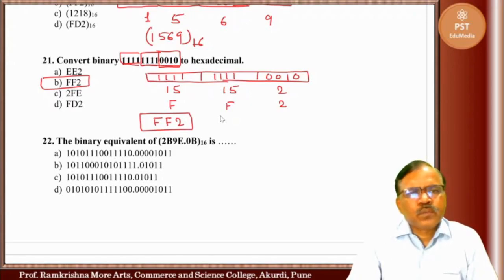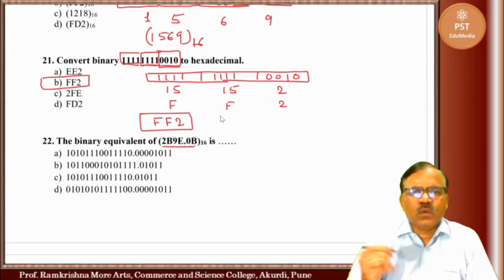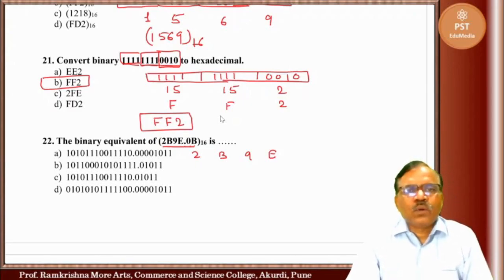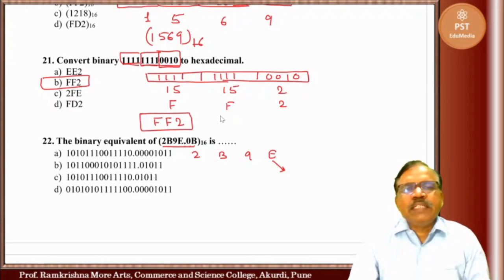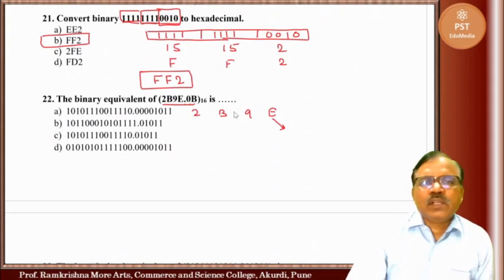Now we'll go to the binary equivalent of 2B9E.0B, hexadecimal one, you have to convert. So first we will take 2B9E. Corresponding to this, we have E, which is decimal 14, and you will get 1110.